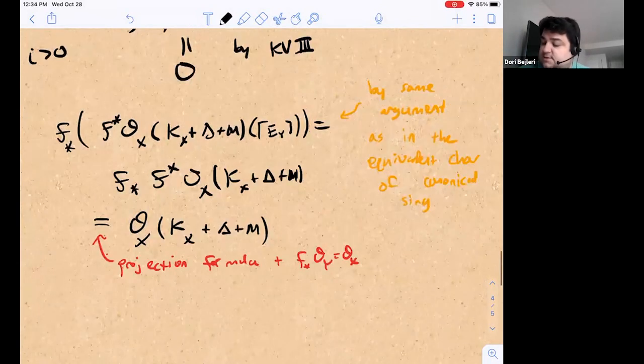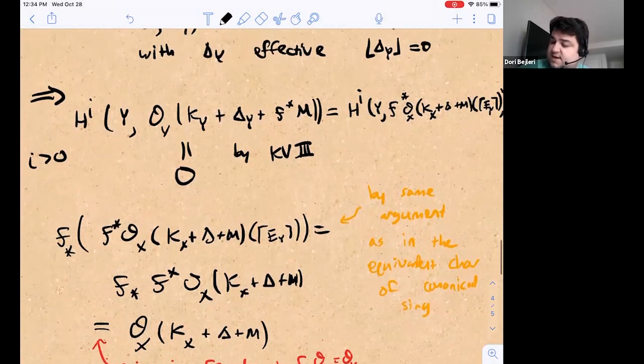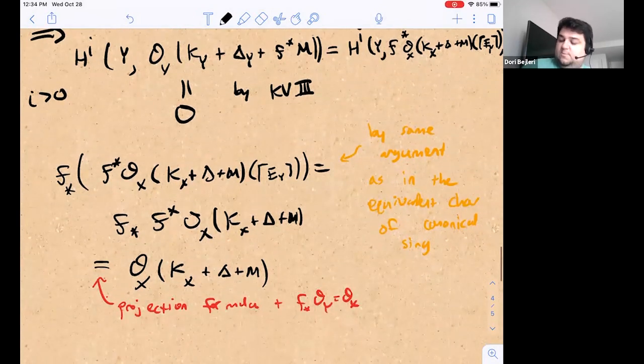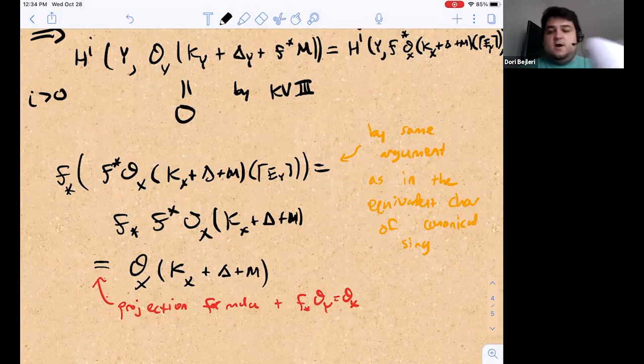Okay, so we get that the push forward of the thing here vanishes. So we have that the cohomology of this f upper star, whatever, twisted by this exceptional stuff vanishes. And now we know that when we push that forward, we get the thing that we want to vanish. And now we need to apply the Leray spectral sequence and apply our Grauert-Riemenschneider vanishing.